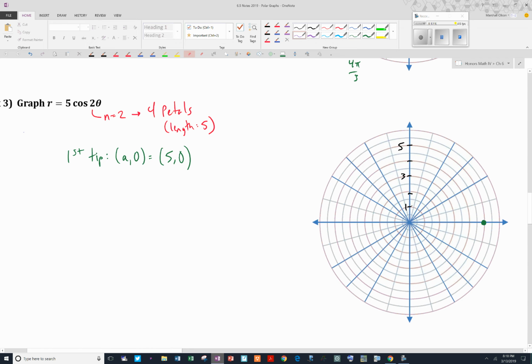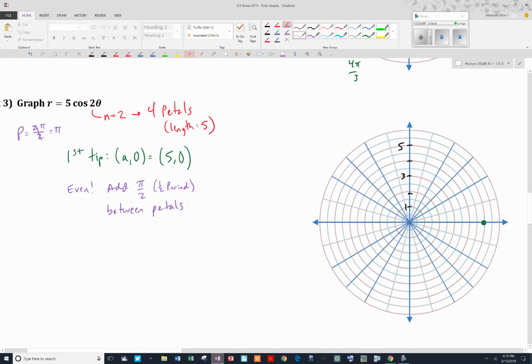And the period here is 2 pi over 2, or just pi. Okay, but here's where things get a little bit different from before. Since it's even, that means that we need to add half the period, which is pi over 2. I'll just write that that's half the period, to get from one petal to the next. I'll just put between petals.